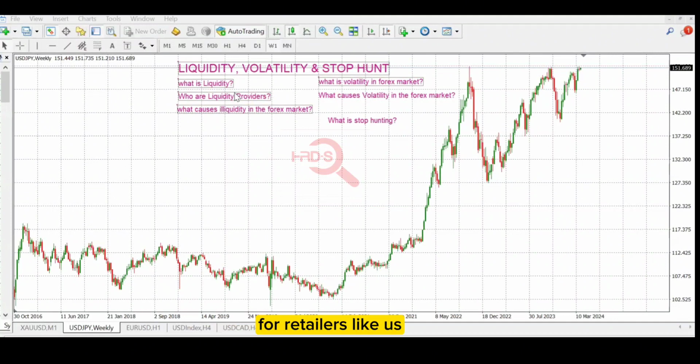For retailers like us, our liquidity providers are our brokers. Instead of you waiting, when you click on your sell or buy execution button, they will readily buy from you or sell to you with already available liquidity in the market.